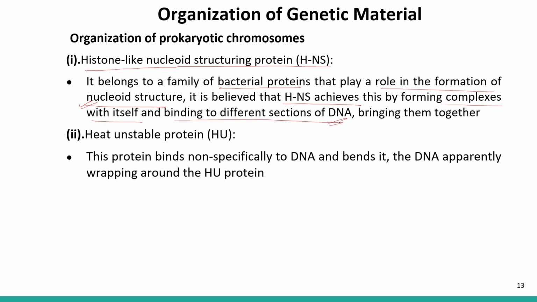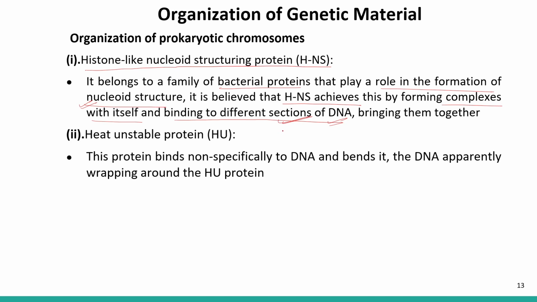So they are more like histones. Histones also get organized in such a way and are bound with the DNA. So they are more of a structural organization type of protein.